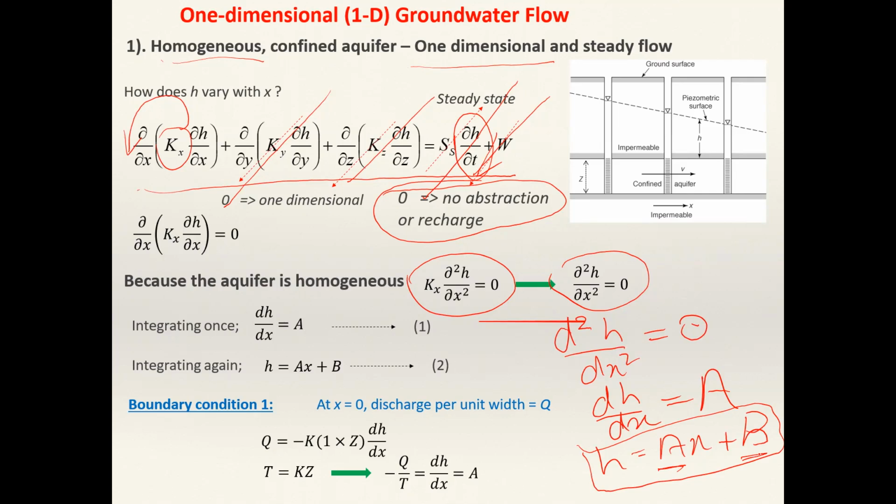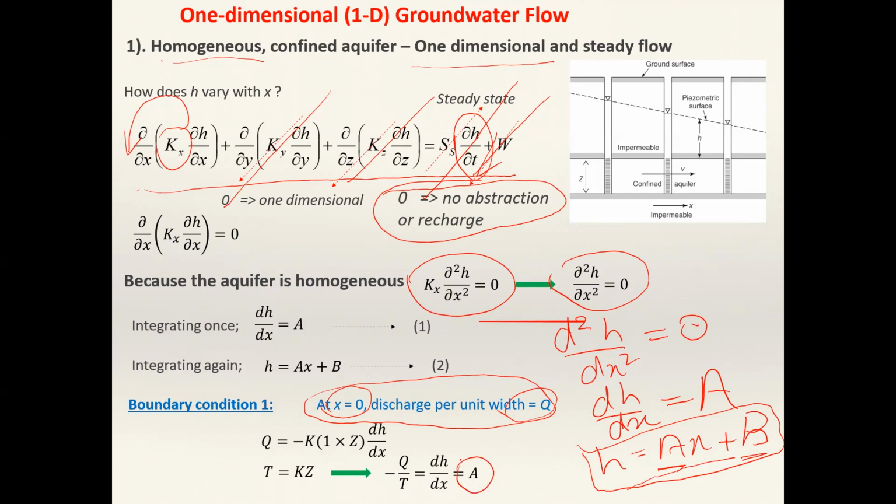In the exam or in the field, you may have different boundary conditions. In this case, for example, probably you know when x is equal to 0, what the flow rate is. So that can be considered as a boundary condition. Apply that boundary condition to this equation so that you can find A.